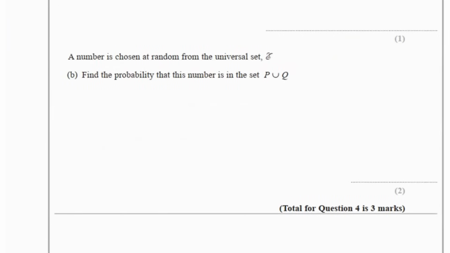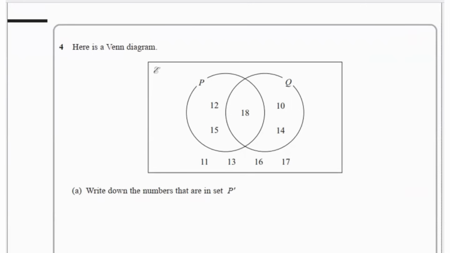Find the probability that this number is in the set P union Q. So P union Q is all elements in P and Q. So now we go back to the Venn diagram.